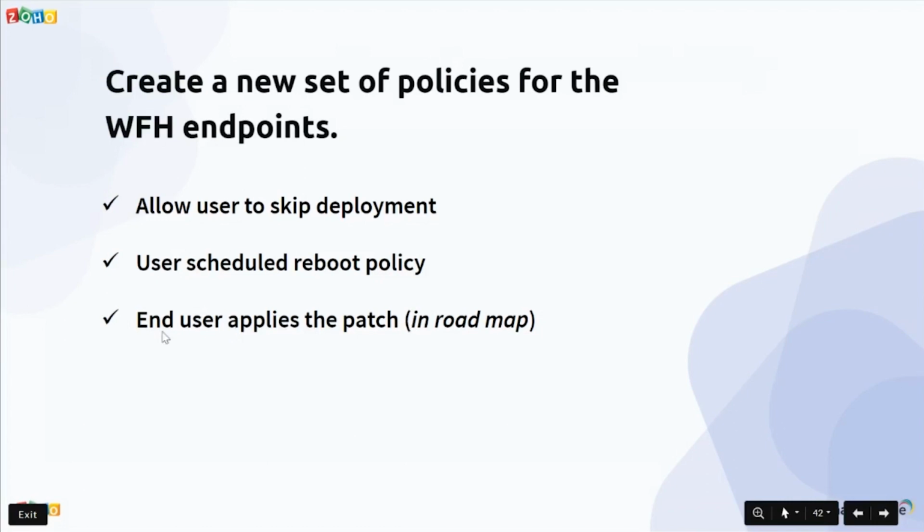So this will be available shortly. So let me take you to the console and show you how you can create an APD task for your work from home endpoints and associate that task with a customized deployment policy for your work from home endpoints as well.